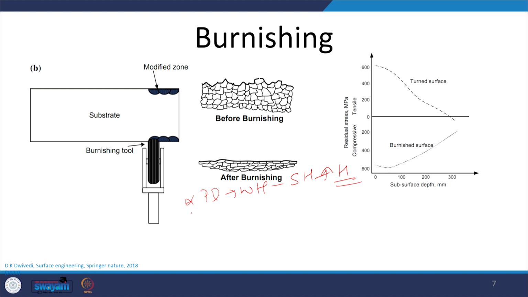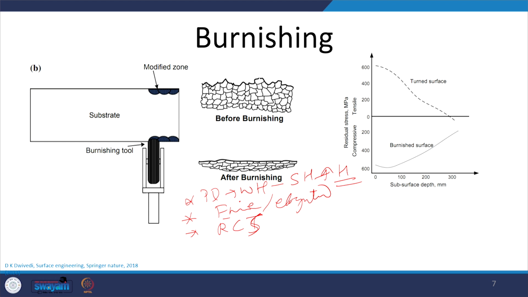The second is that the structure usually gets refined, okay, and elongated in a particular direction. And third, residual compressive stresses are also induced at the surface.